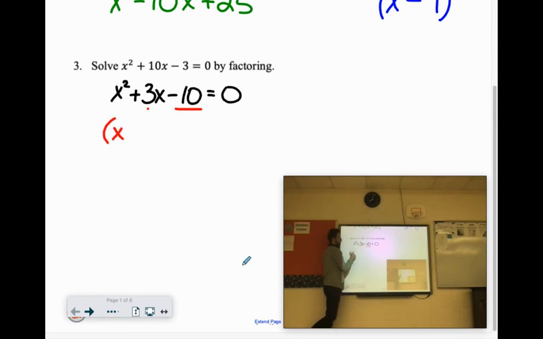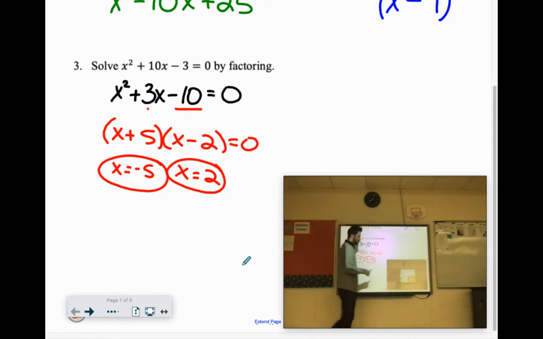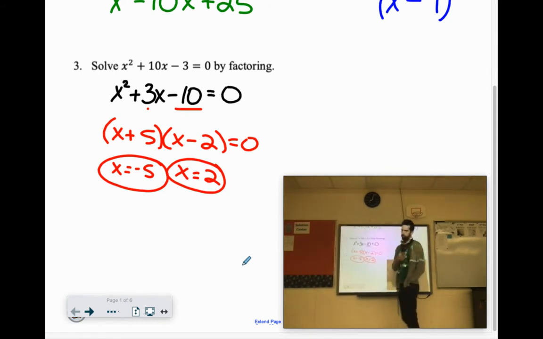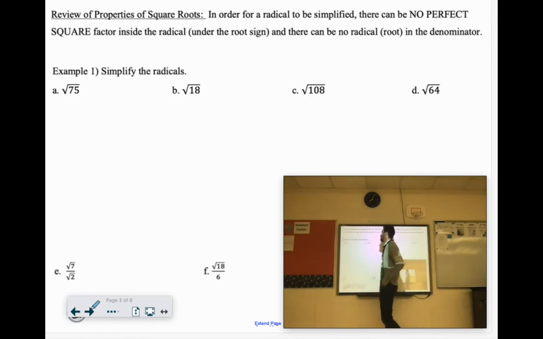So it would be (x plus 5)(x minus 2). X plus 5 equals 0, so x would equal negative 5. X minus 2 equals 0, so x equals positive 2. Again, we couldn't solve it how it originally was as factoring. So, typo. My bad.